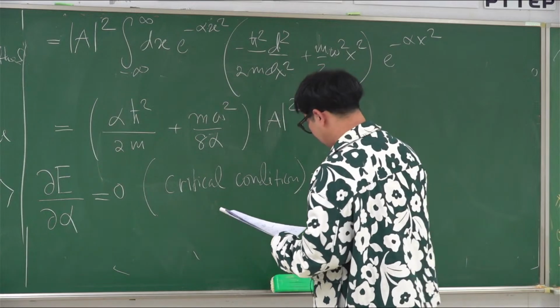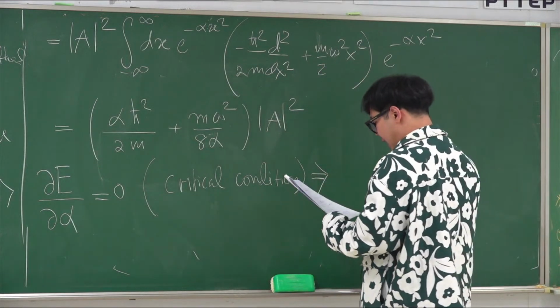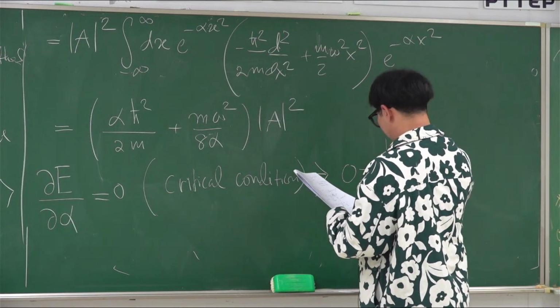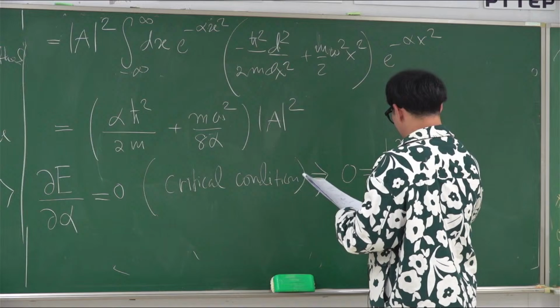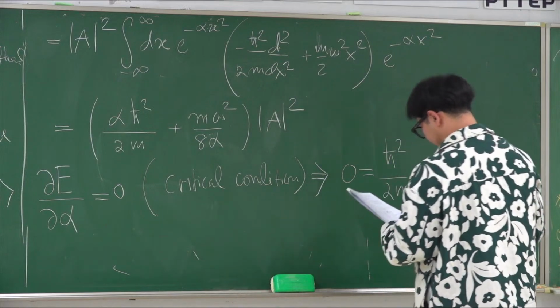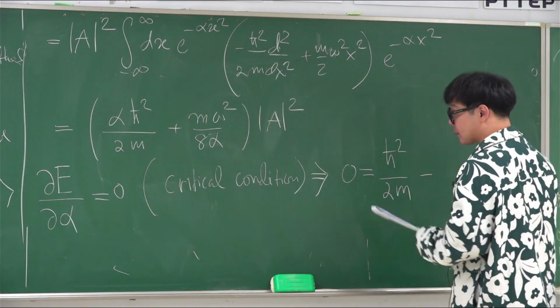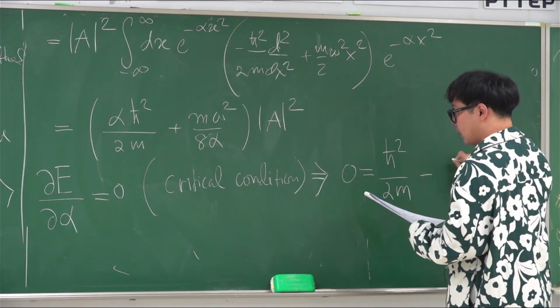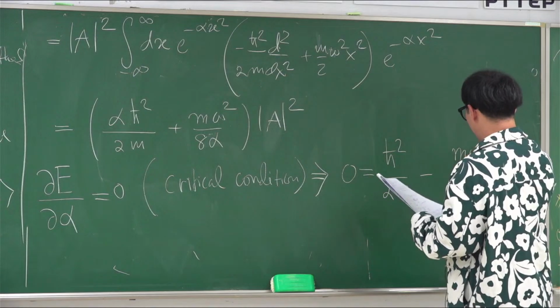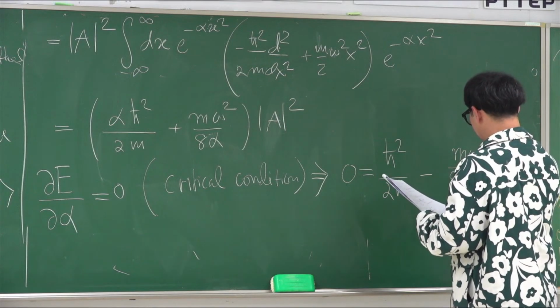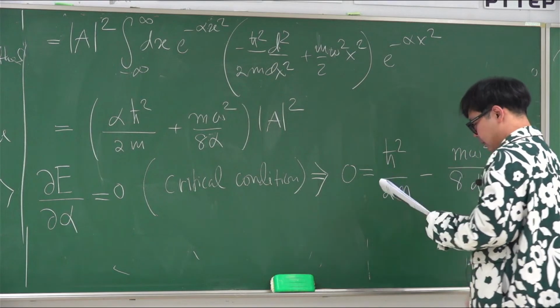So then what you have is that 0 equals h bar squared over 2m minus m omega squared over alpha squared.